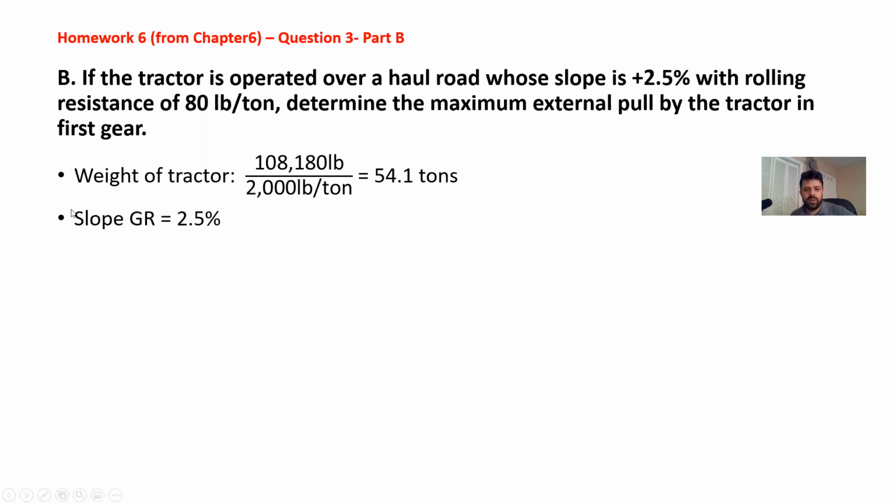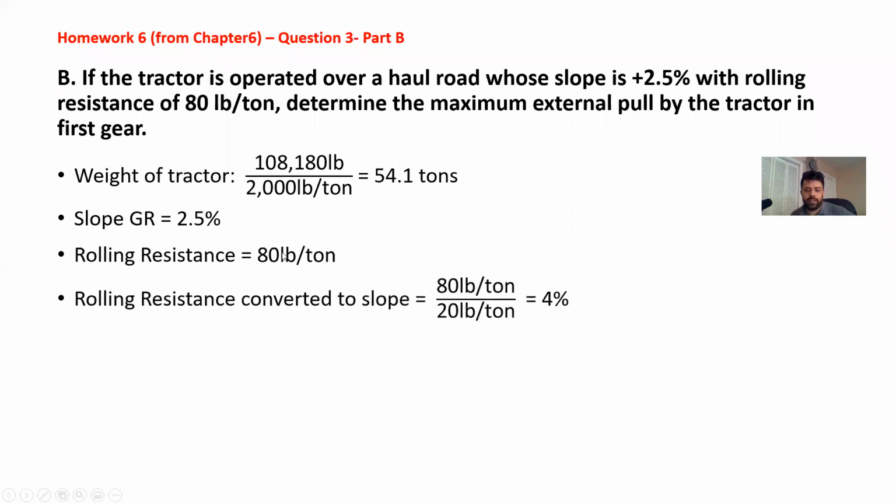So the slope is 2.5%, which is less than 10%, and the rolling resistance is given as 80 pounds per ton. So how about we convert the rolling resistance into the equivalent gradient first, then add it to this, and then convert it to pounds, okay?